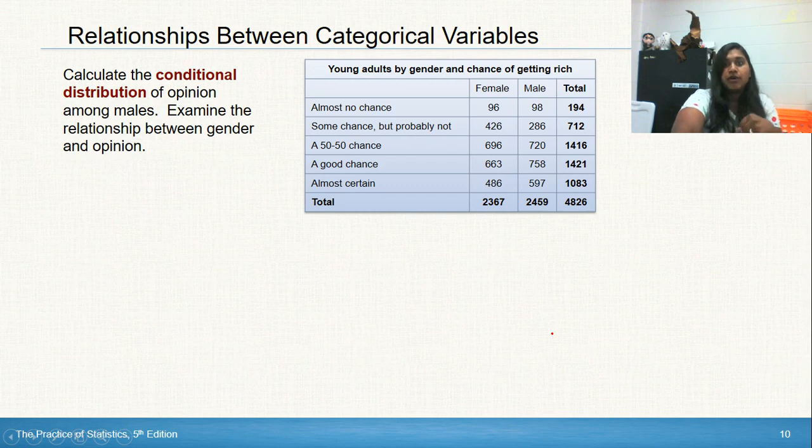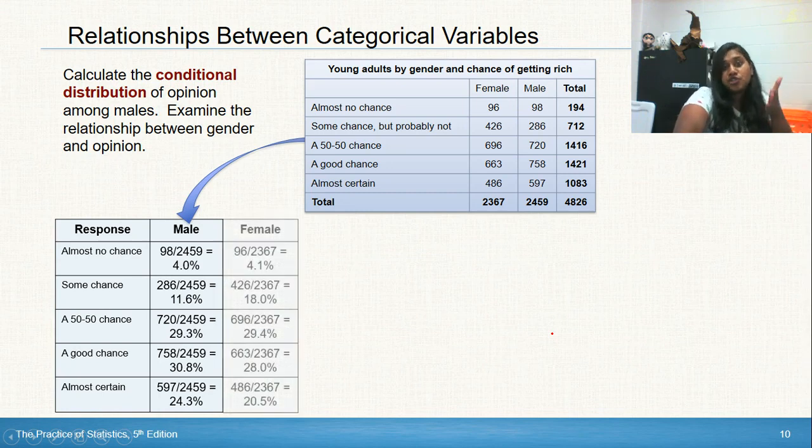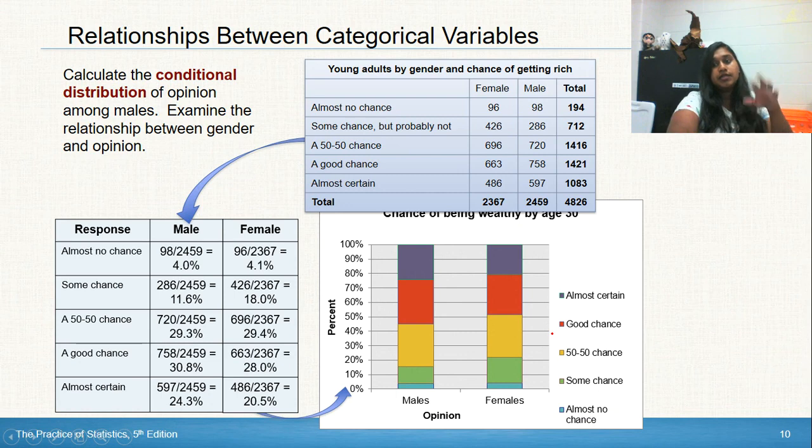We're going to show both the female and the male. So first I start by looking at the distribution of just the male. Then I do the distribution of just the female. Okay, and so now I can create, in this case, that segmented or stacked bar graph. You could have done a side-by-side, and that's okay too. They're both equally valid. And so now we've got that conditional distribution.